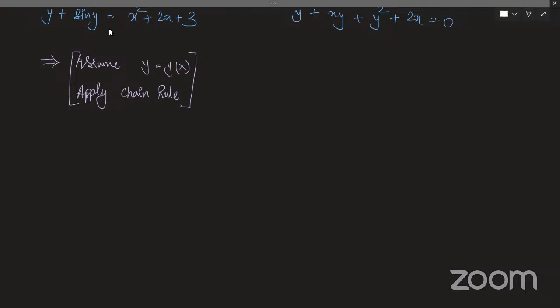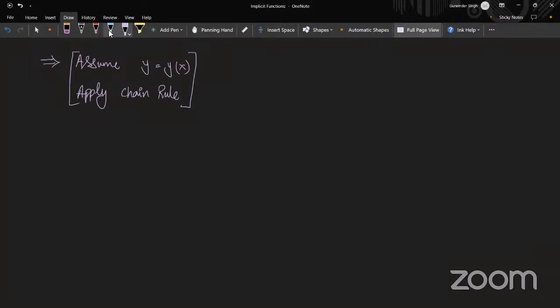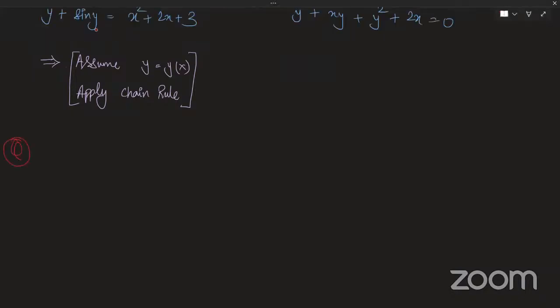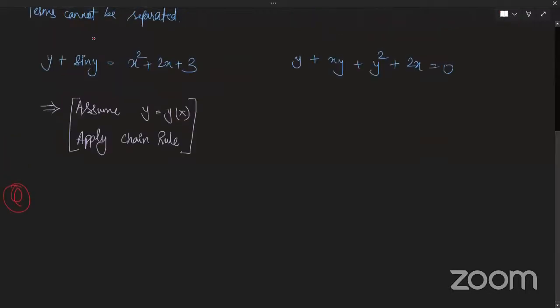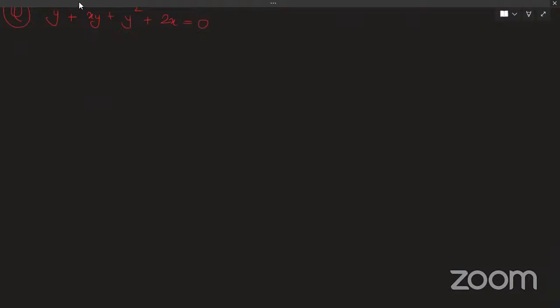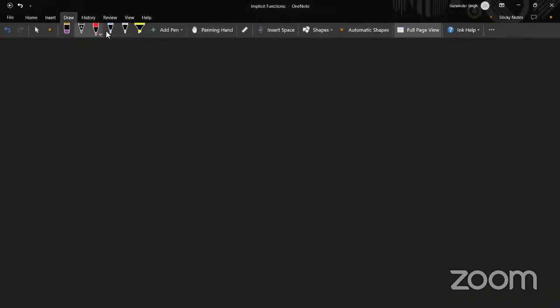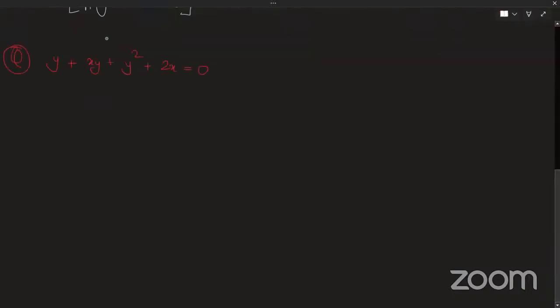So let us try this one, which is really easy to start with. You have y plus xy plus y square plus 2x is equal to 0. So you treat y as a function of x.